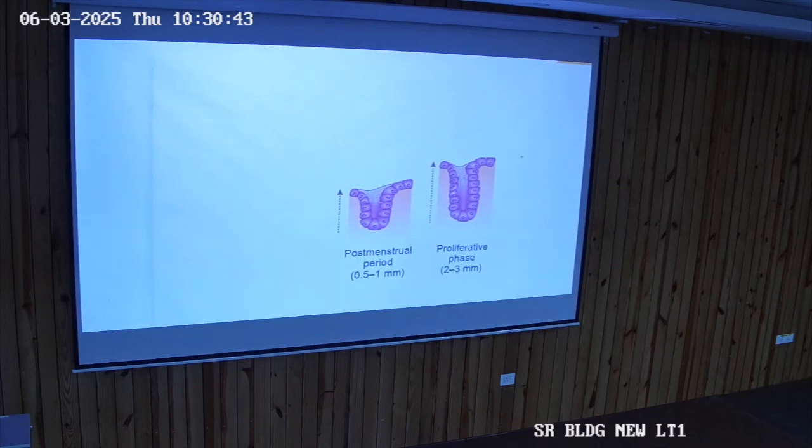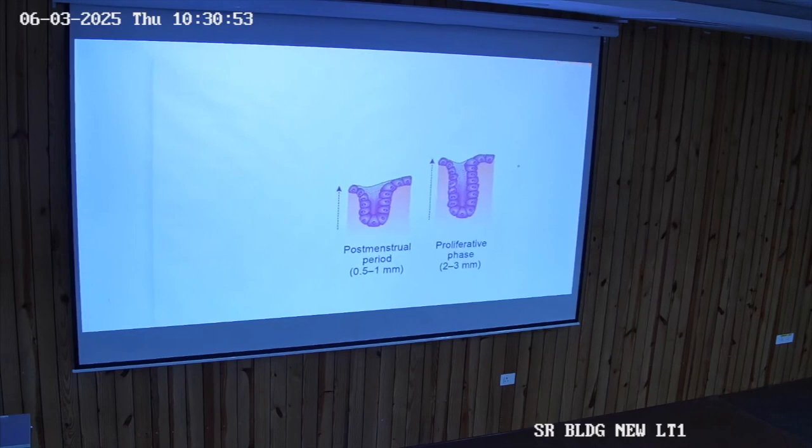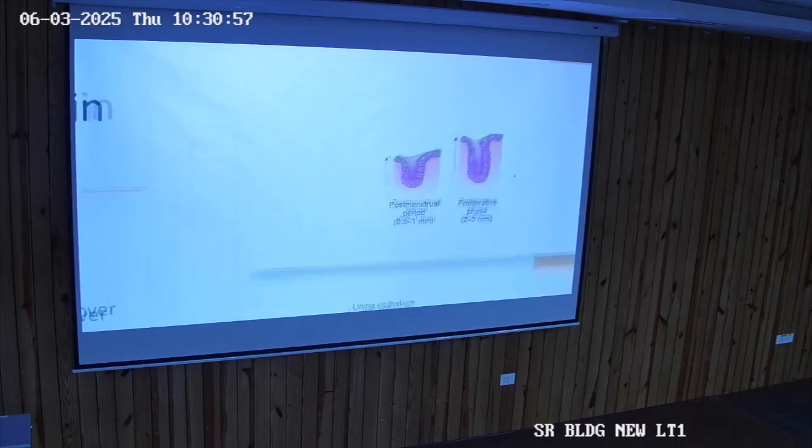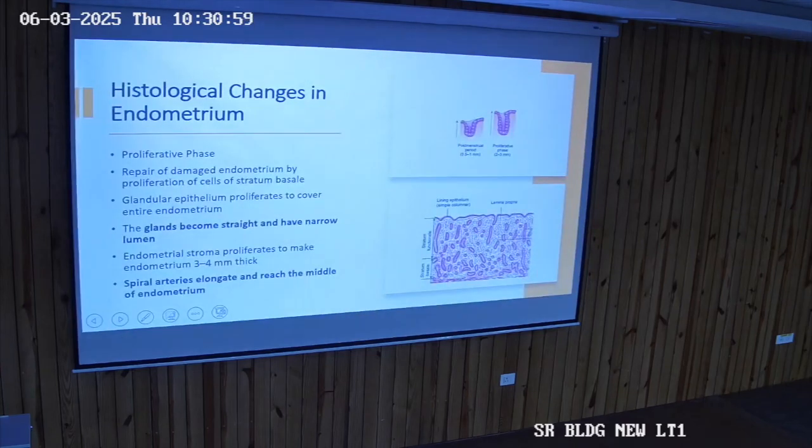What happens in the proliferative phase? Estrogen is trying to build up and reform the endometrial layer. So there is the development and the recovery of the endometrium during the proliferative phase. So what happens here is the repair of the damaged endometrium by the proliferation of the stratum basale, because it was the only layer that was left.